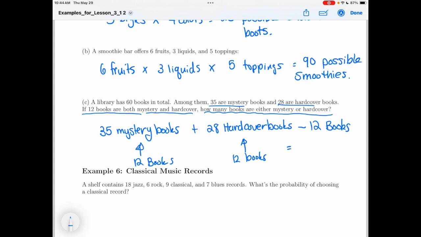So the total number of unique books when we take the 35 and the 28 and then we subtract the 12 is going to give us 51. So when you're looking at categories that overlap and you're counting, you want to make sure that you subtract off anything that you double counted.